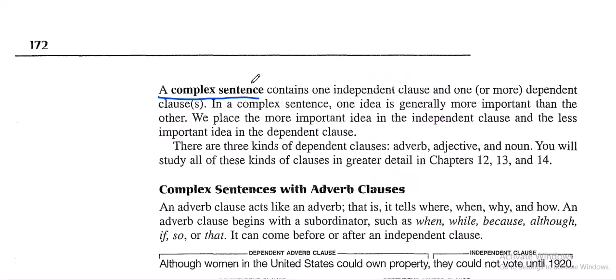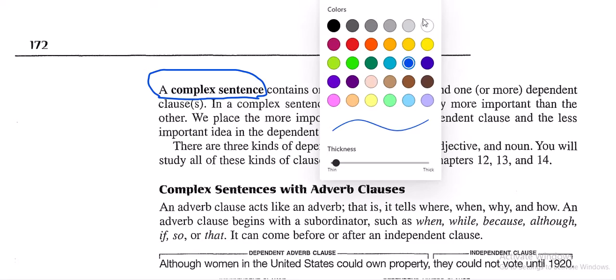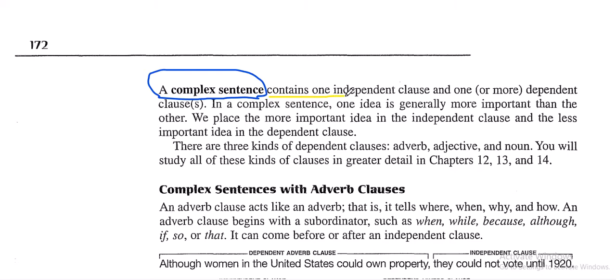A complex sentence, as I told you, contains one independent clause. Also, we place the more important idea in the independent clause. So the first part of a complex sentence is what? One independent clause.